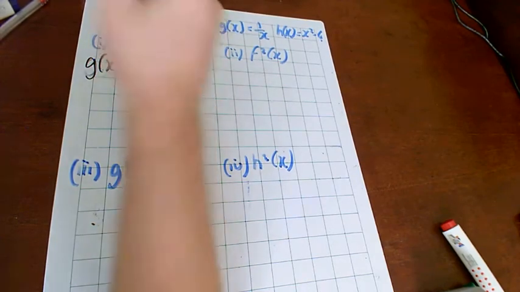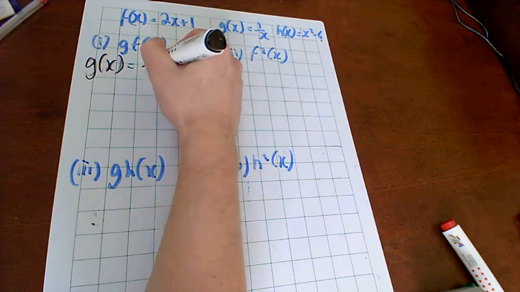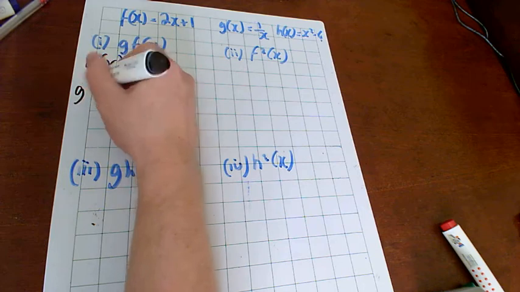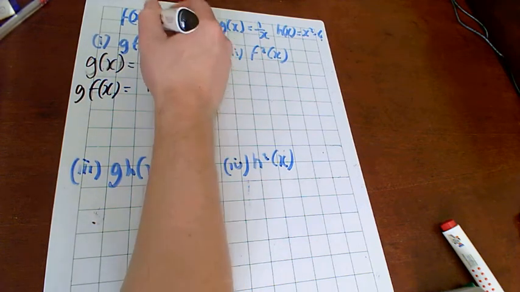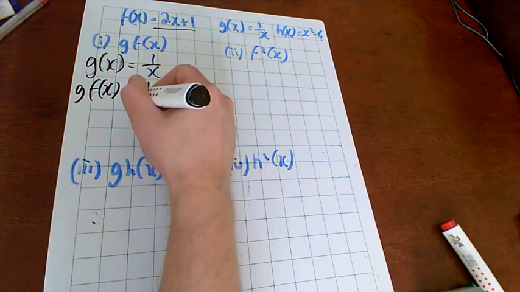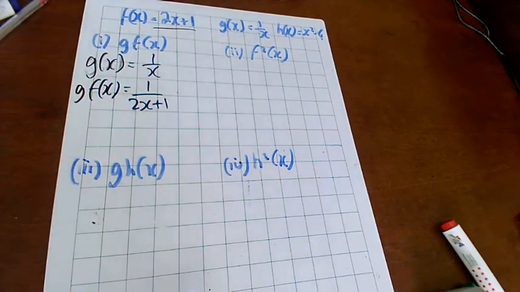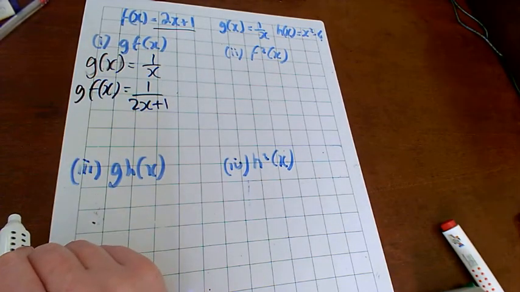The g of x is equal to 1 over x. So instead of an x, I'm going to substitute in my f. So the gf of x is equal to 1, and instead of an x, I'm going to put in my f function, which is 2x plus 1. And that's that one done. Unless they ask you to write it in a different form, that's substituted in.